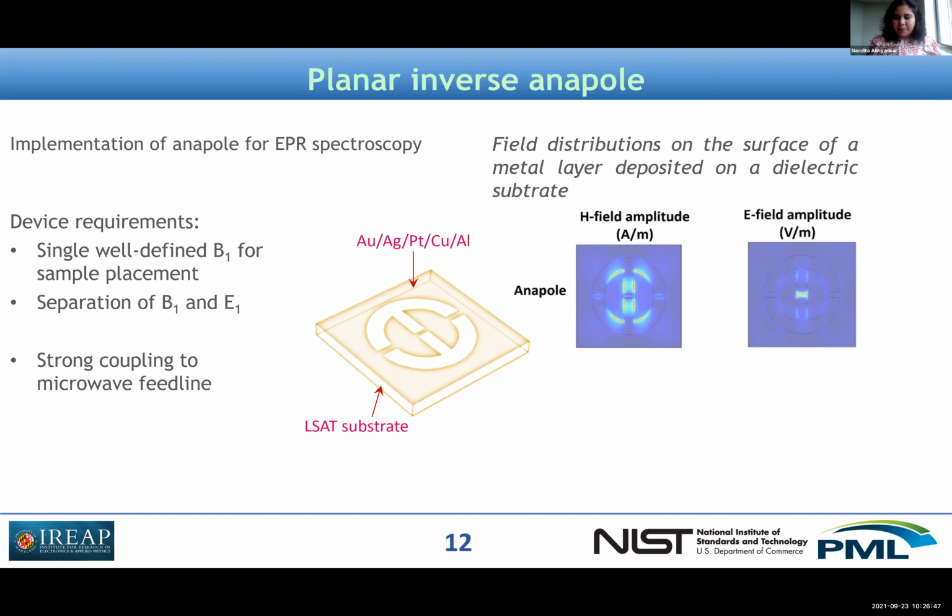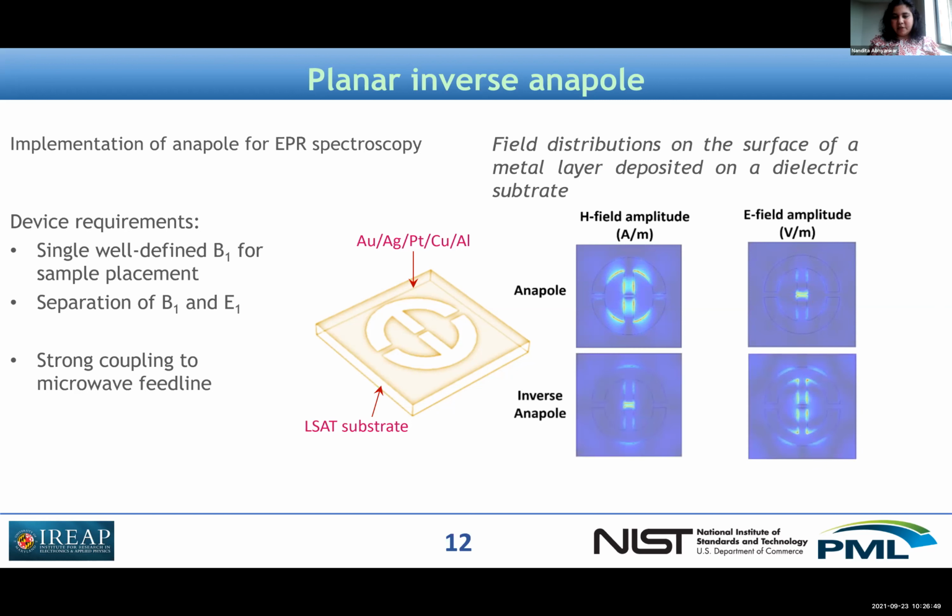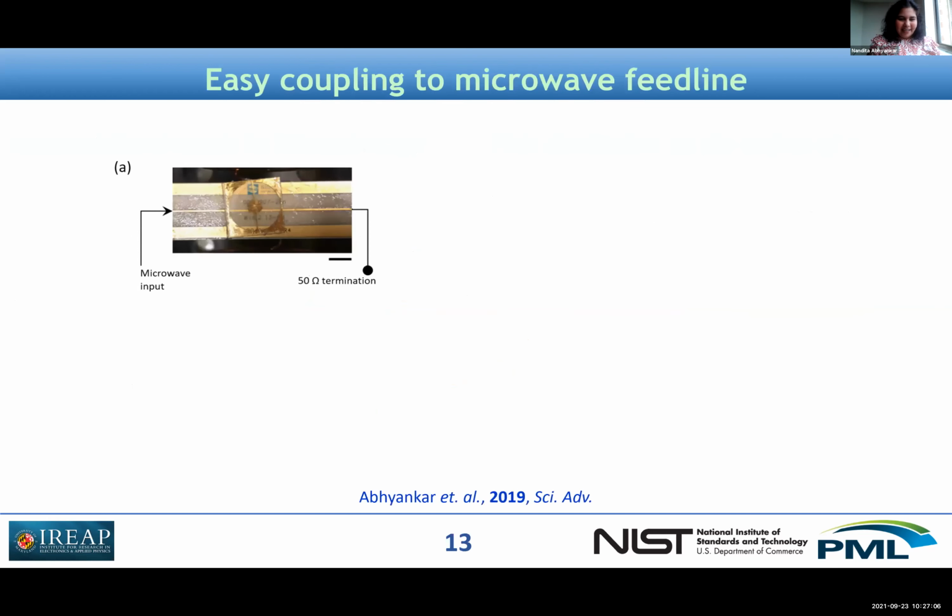And so we use Babinet's principle to make an inverse anapole resonator. Okay, so we have now a design which has a single well-defined B1, which has great separation between the B1 and E1. And well, let's see if we can couple it to a microwave feed line. I don't know. We'll address this in a future slide.